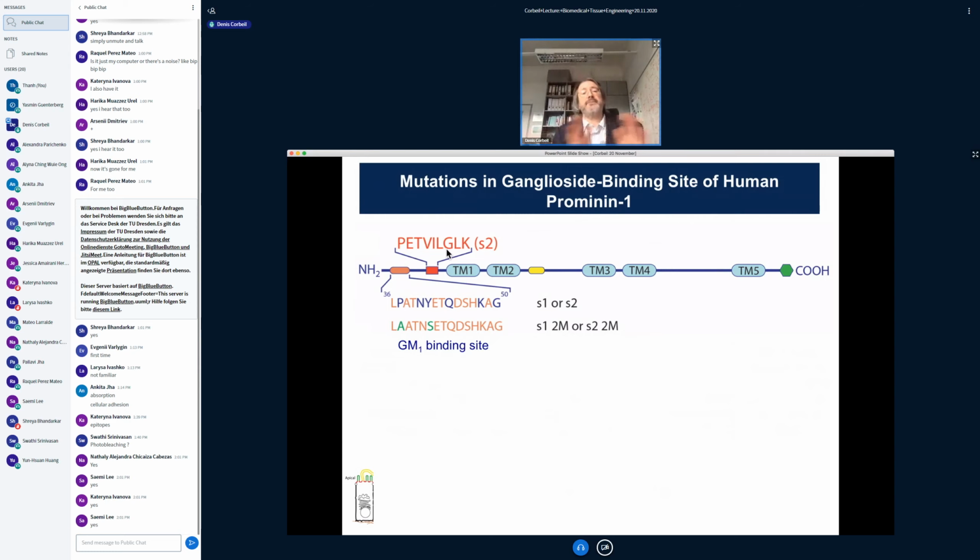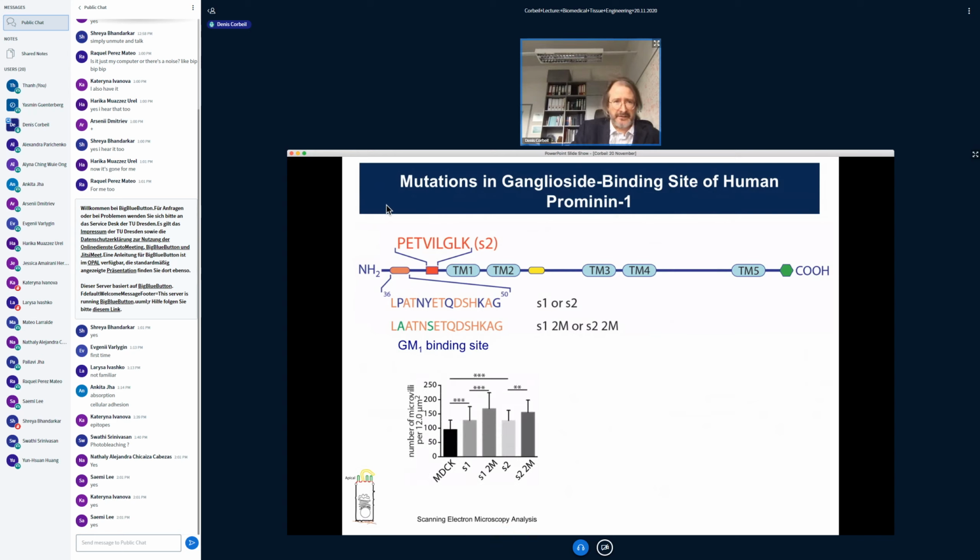We used again the MDCK cell, the cell which I showed you in the beginning, in which prominin-1 goes into microvilli. When we expressed the wild-type protein, we found that we increased the number of microvilli.